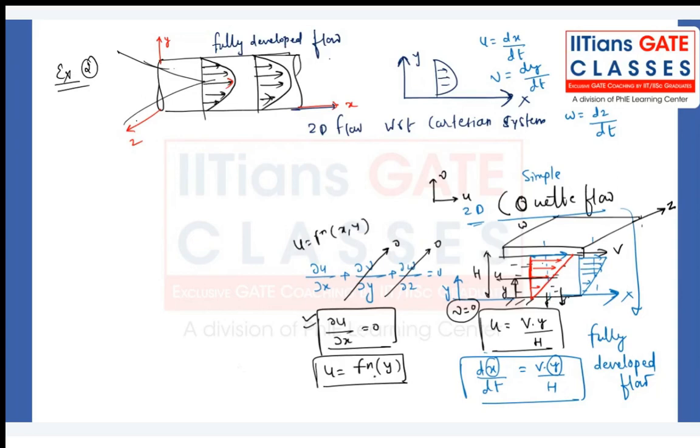It is a function of y. What is the meaning of that? When you march along the x direction, the individual fluid velocity will not change in the x direction, and that is what we call fully developed flow, right? And why, in the GATE question paper, do they mention 2D? The reason is what I'm discussing right now. Is that clear?